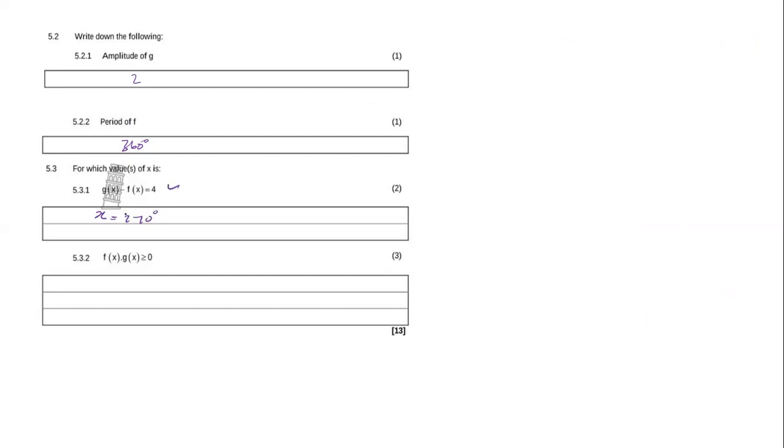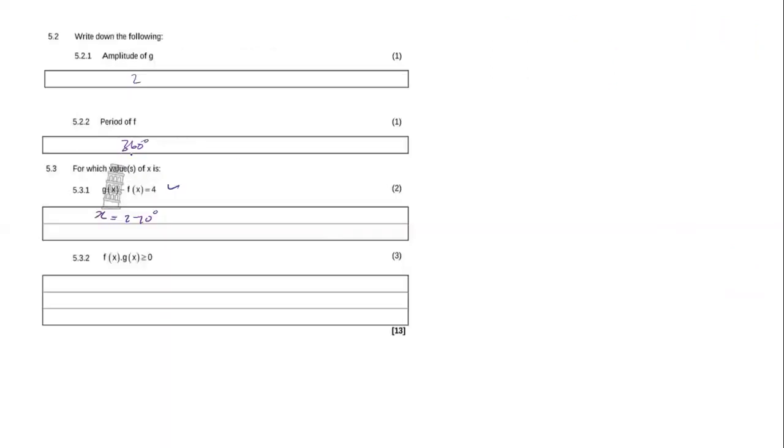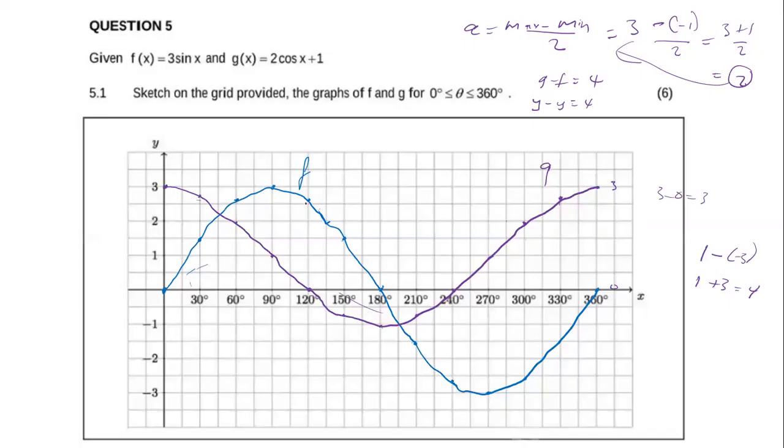Now let's go further to check if there are other solutions, because the question said determine the value or values. I can see 2 marks and 2 lines, so there could be 2 solutions, but let's check. Is there any way we can get the very same thing?